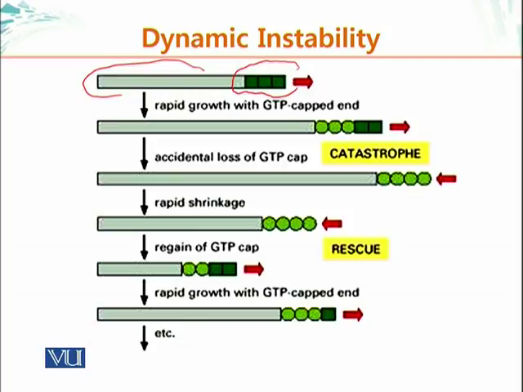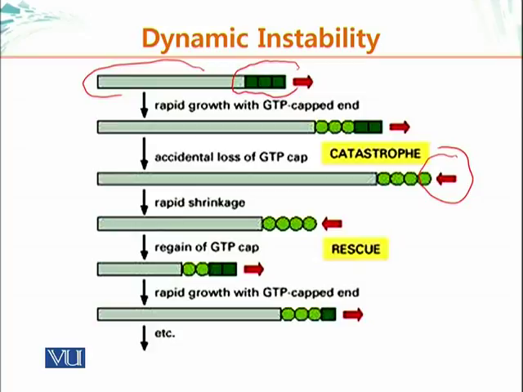So we say that this is a T-capped, or GTP-capped, microtubule. Accidentally, what happens is that for some reason the subunits don't add on as quickly, or the rate of hydrolysis increases. So you end up losing that T-cap, the subunits which were bound to GTP.